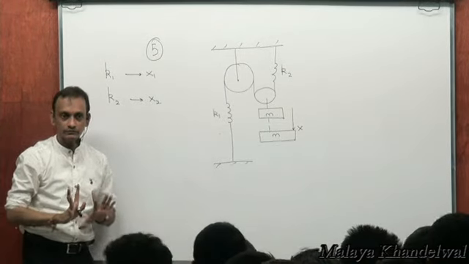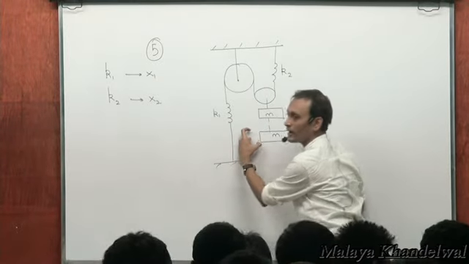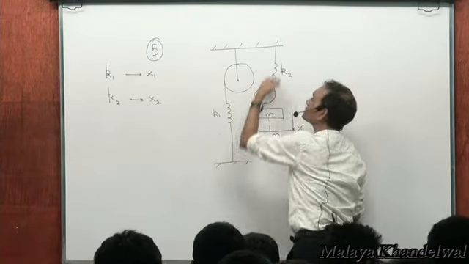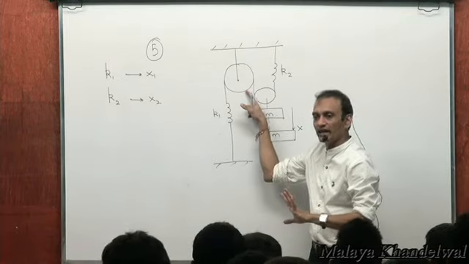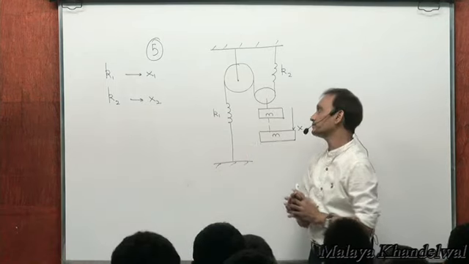We do not know x1 and x2. When this mass M descends by an amount x, both these springs will elongate.